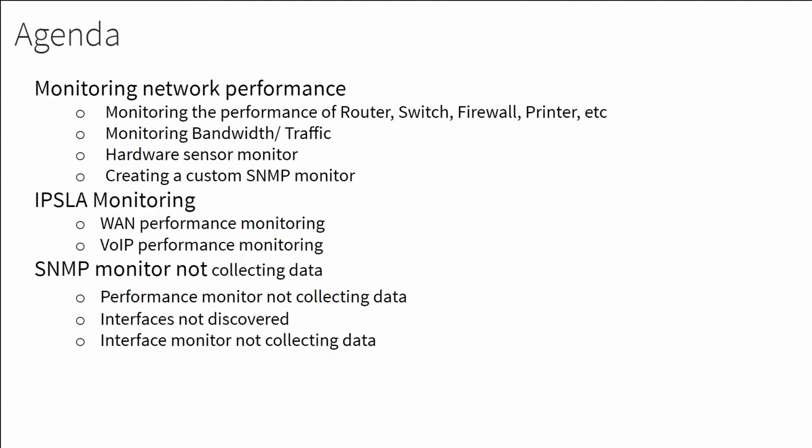And SNMP monitor not collecting data is a typical case we see in support, and we are going to discuss the performance monitor not collecting data, interfaces not discovered, interfaces monitor not collecting data. So we are going to learn how to troubleshoot all these problems in a simple method. And we're going to talk about the network reports, and finally questions.